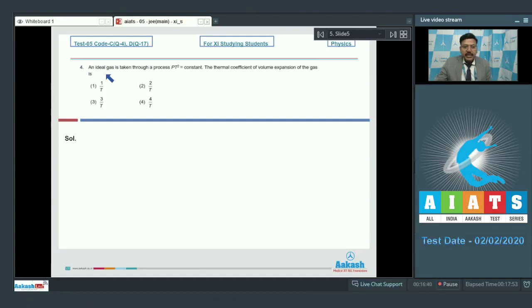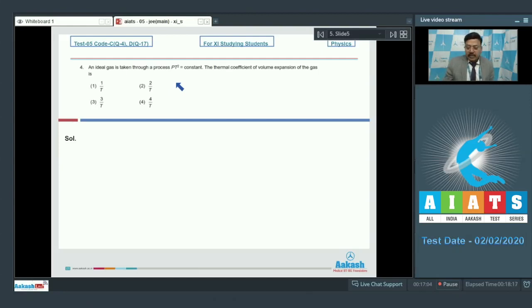Question 4 says an ideal gas is taken through a process Pt square is equal to constant. The thermal coefficient of volume expansion of the gas is. Okay, so in this particular question we can use the ideal gas equation and of course the definition of volume expansion of the gas.